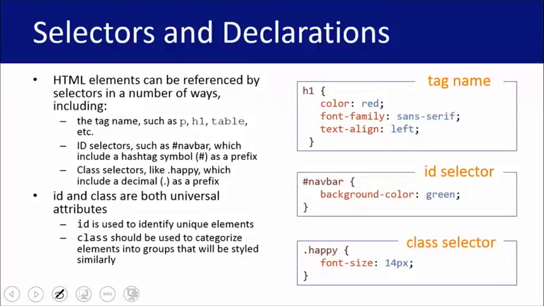HTML elements can be referenced by selectors in a number of ways. We had talked about the actual tag name, but we can also use IDs, and we can use class selectors. So up here at the top, we've got the tag name with h1. Here, we've got an ID for a nav bar, where we set the background color of our ID nav bar as green.